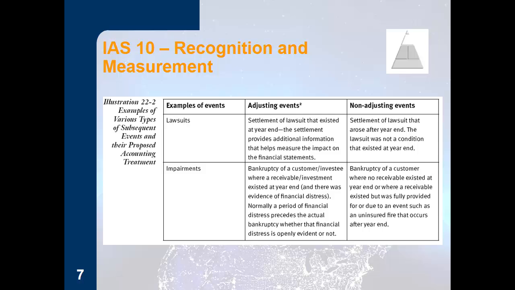And so if the case was that we had this kind of situation with a customer that went bankrupt and we had a receivable with them, then we would go ahead and make that adjustment. If there's a bankruptcy of a customer where there's no receivable that existed, then we would not make any kind of adjustment.